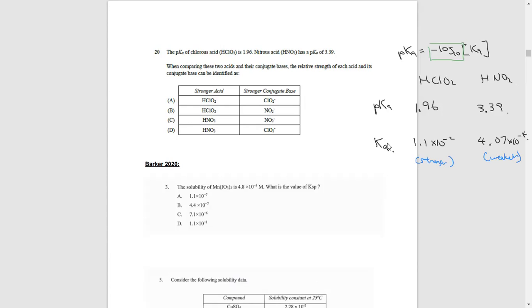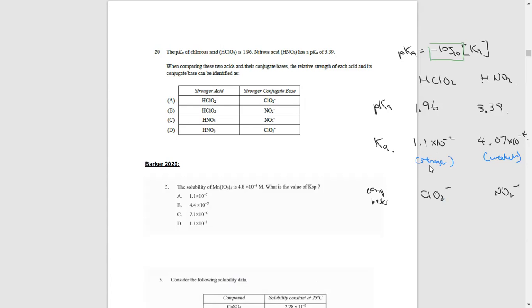Now, once you've established which acid is stronger and which acid is weaker, then from your acids and bases theory, you should also know that the stronger the acid, the weaker the conjugate base. So your conjugate bases are ClO2 minus and NO2 minus.